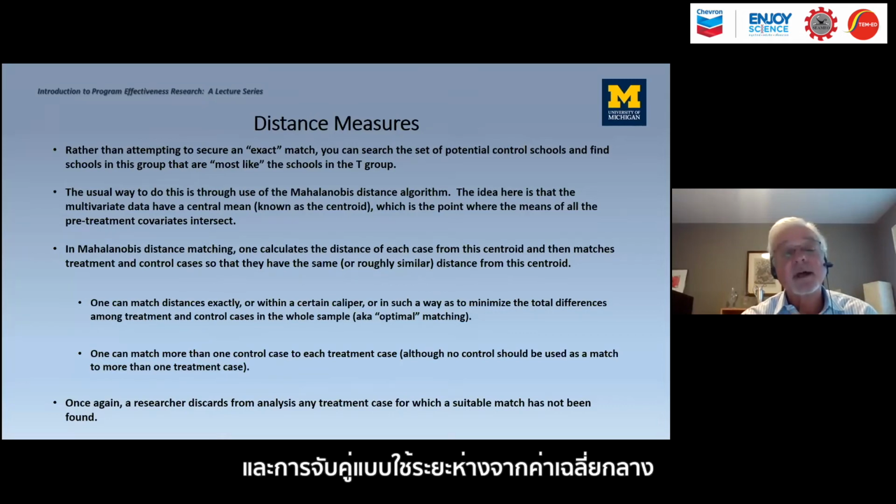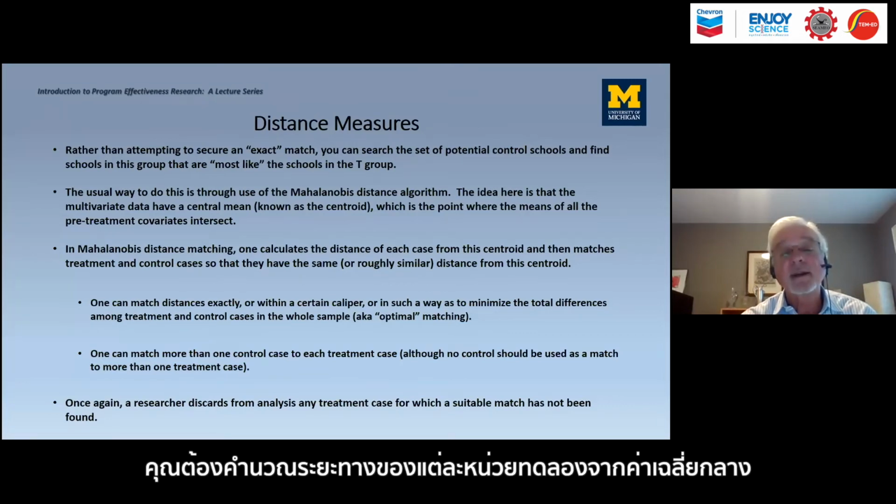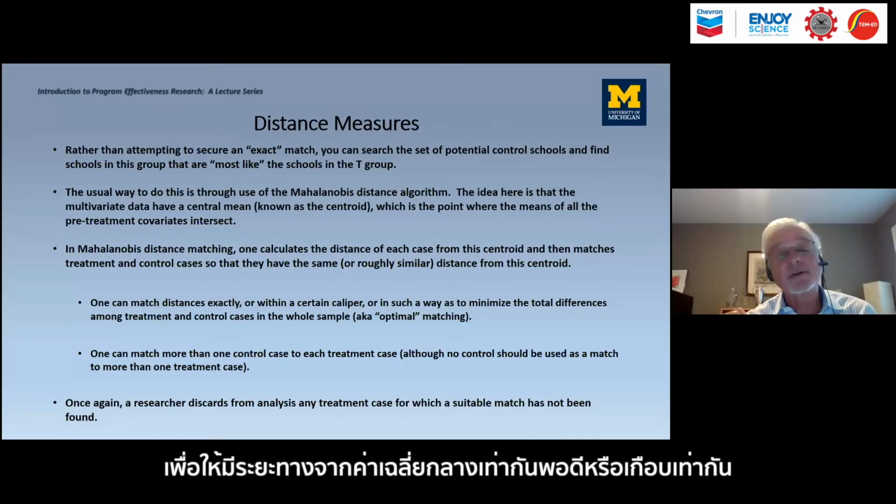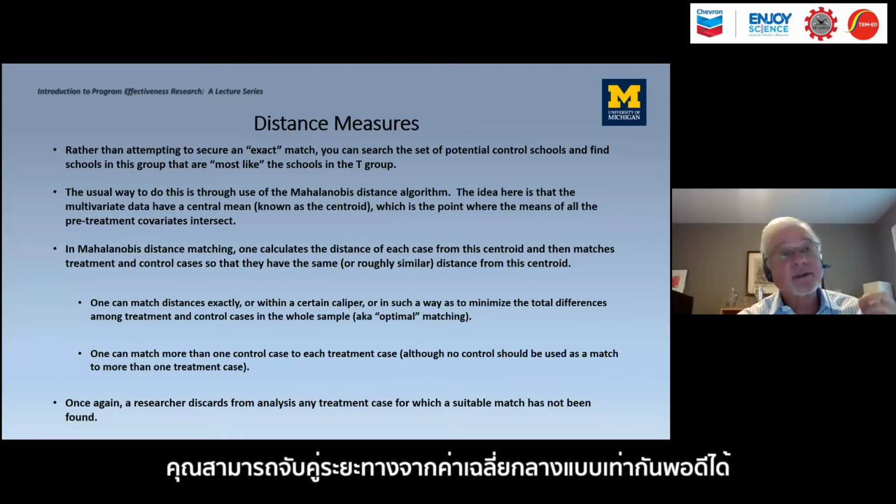And in the Mahalanobis distance matching, you calculate the distance of each case from this centroid, and then you match the treatment and control schools so that they have the same or roughly the same distance from that centroid.